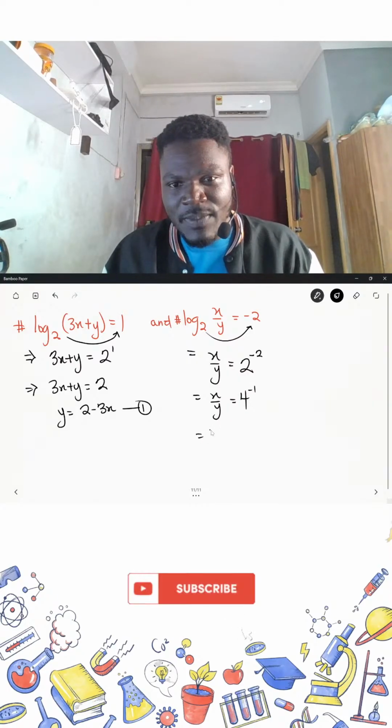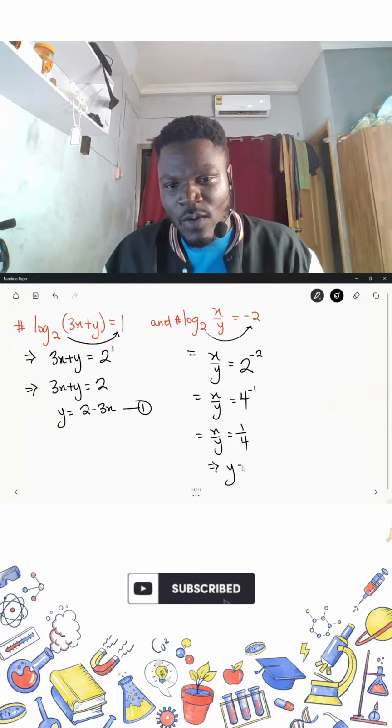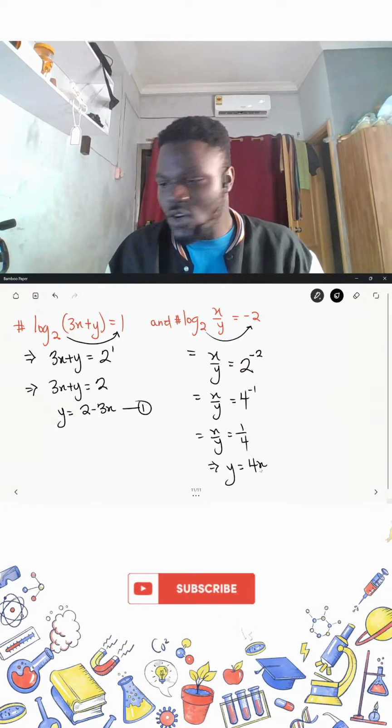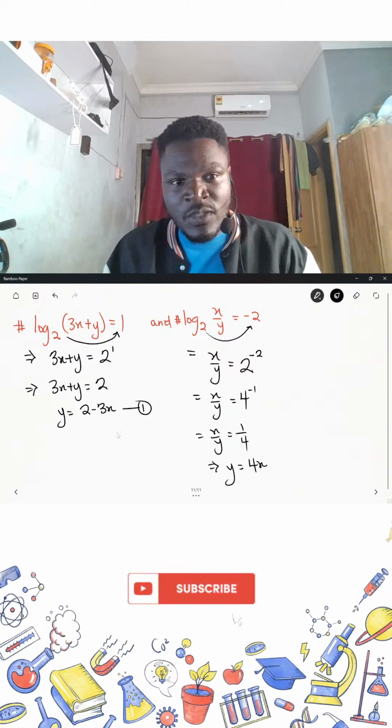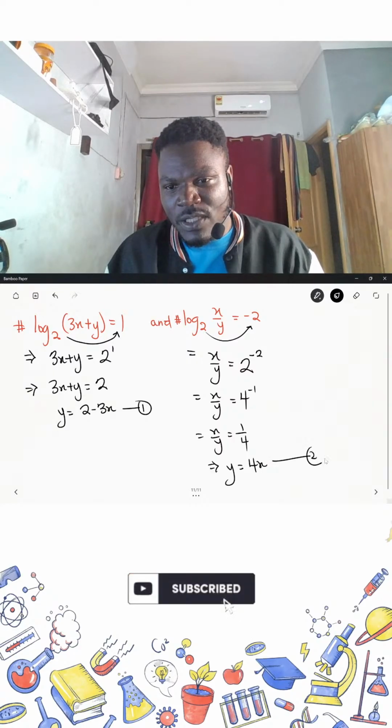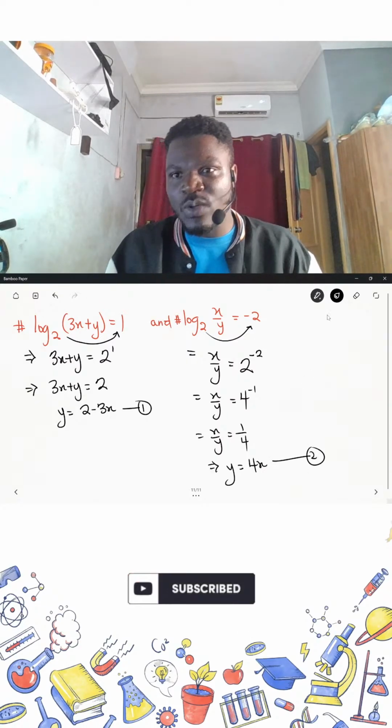Are you okay? And it's basically x over y is equal to 1 over 4. So here, y will be equal to 4x because we are cross multiplying. So this is equation 1, and this is equation 2.